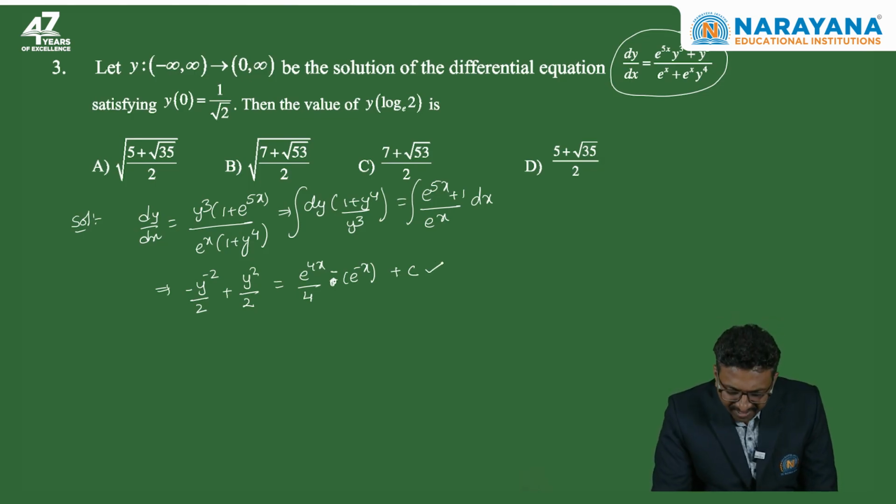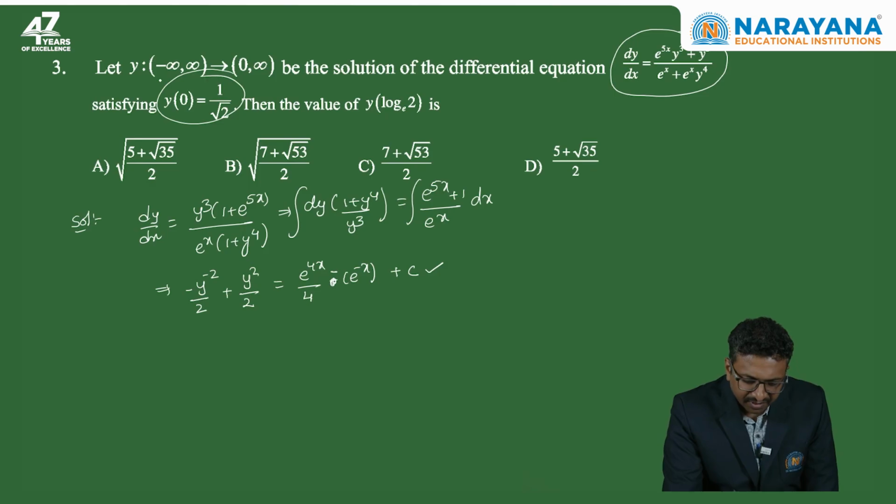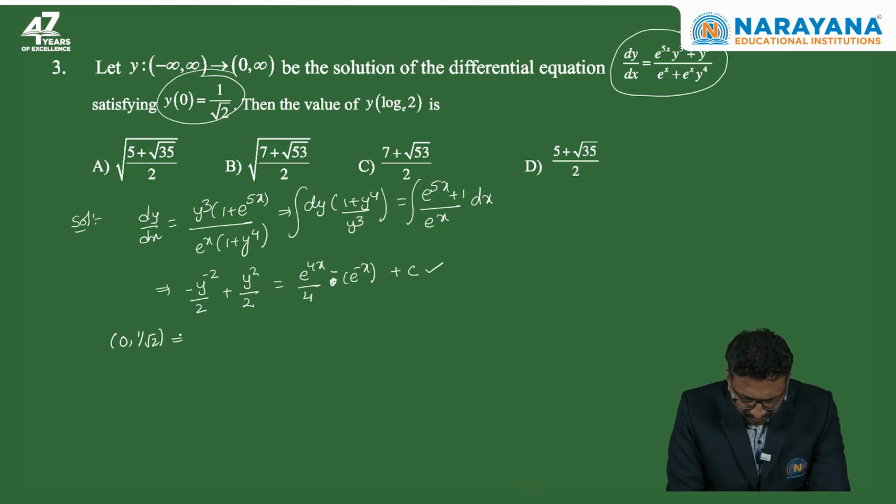So now to find the integration constant, this information is given. y of 0 is equal to 1 by root 2. We'll put x equal to 0 and y equal to 1 by root 2.